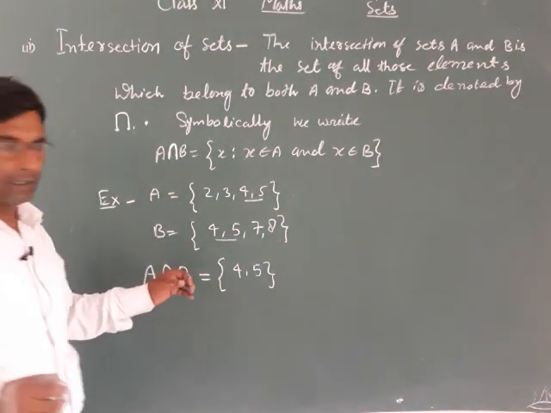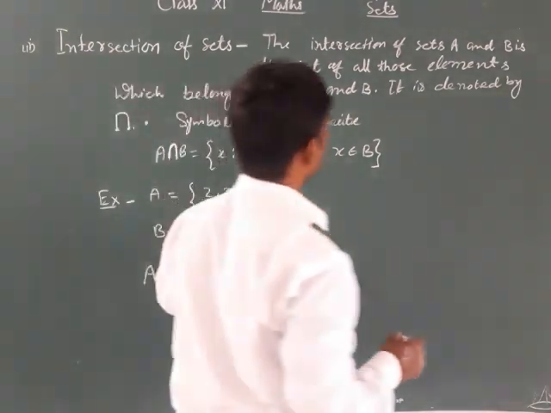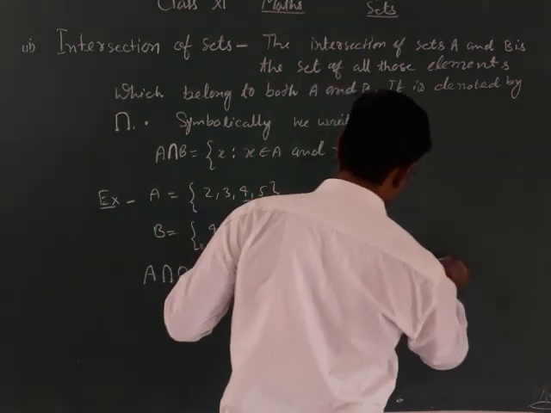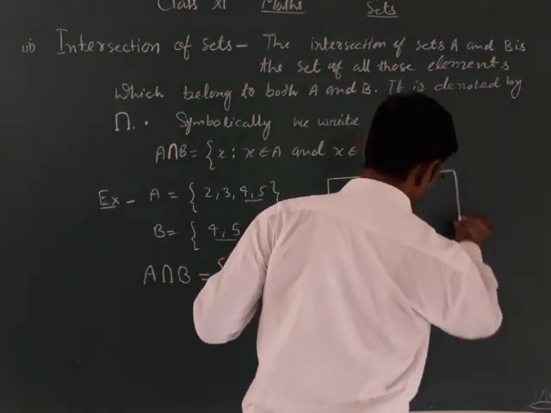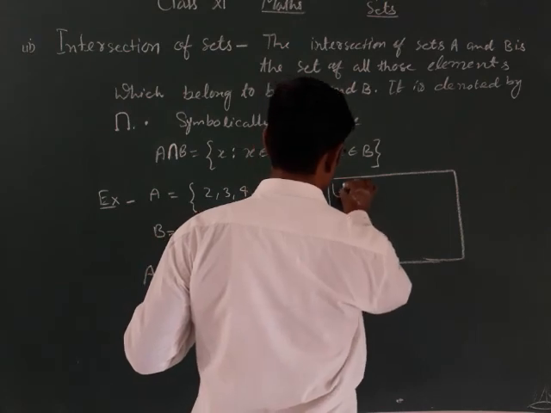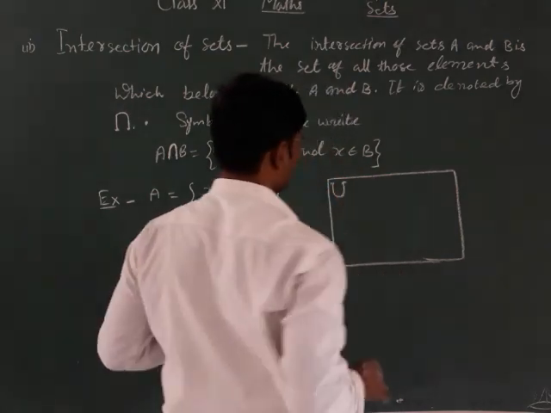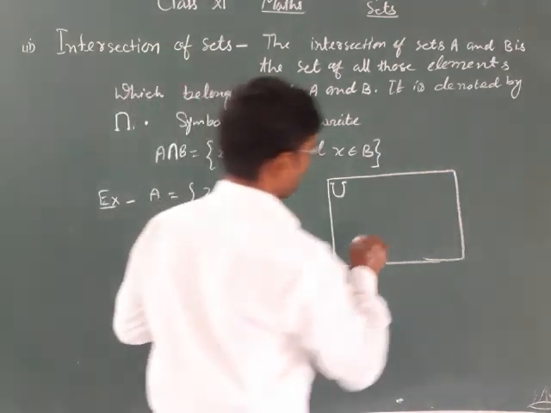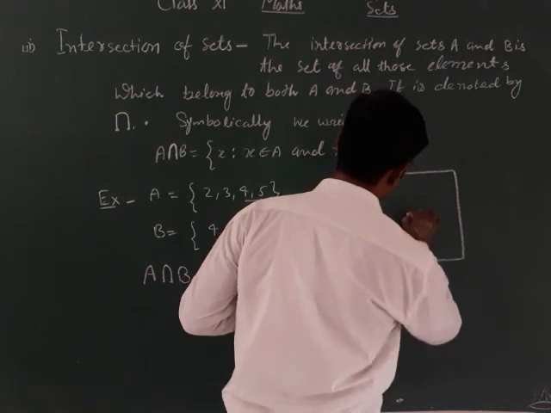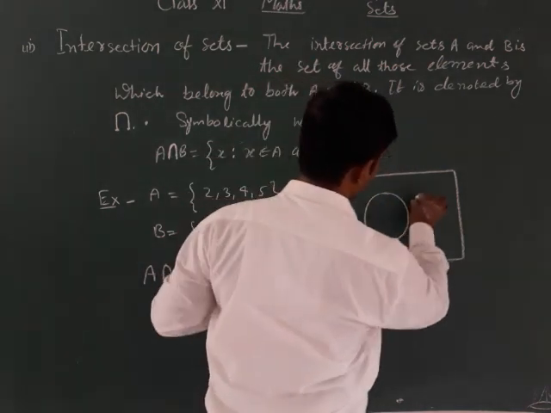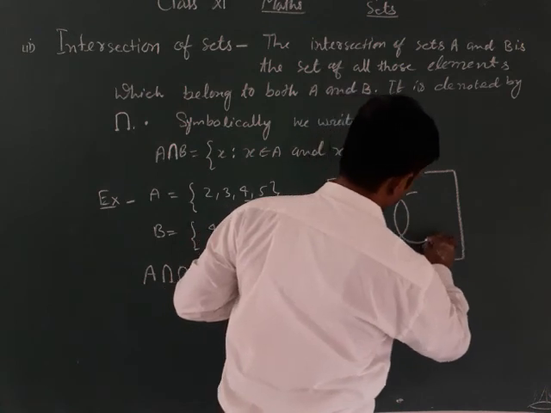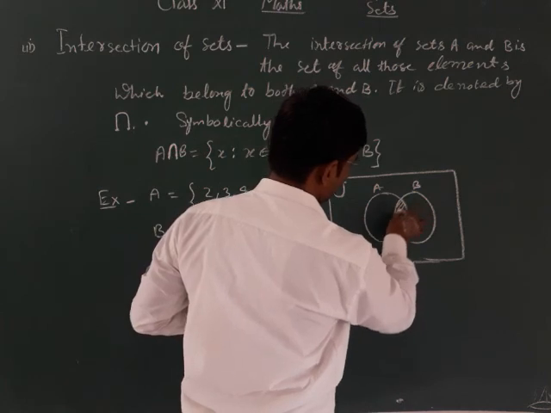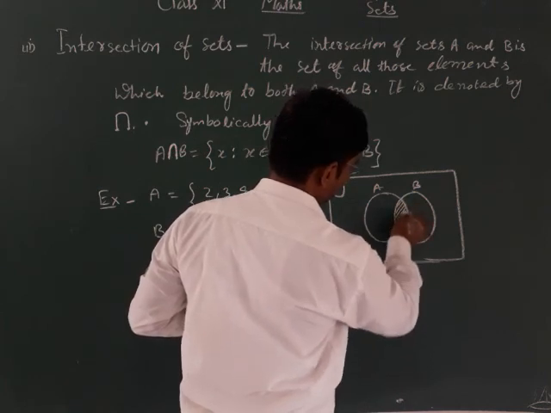And we can represent this in a Venn diagram. We make the universal set, with symbol U, and there are two sets A and B with common elements. So the intersection, A intersection B, is the common part of A and B, which we represent in the Venn diagram.